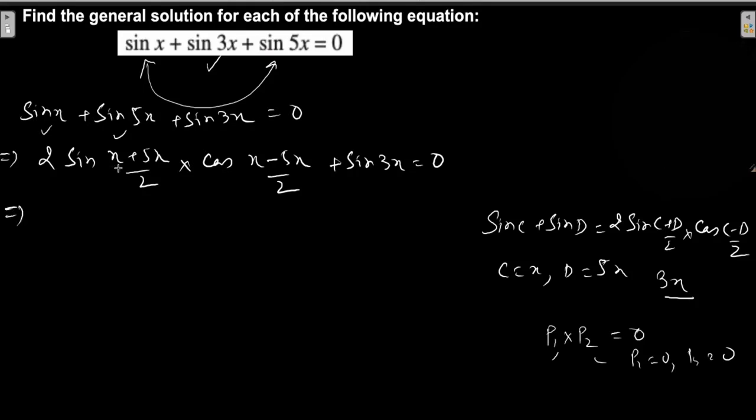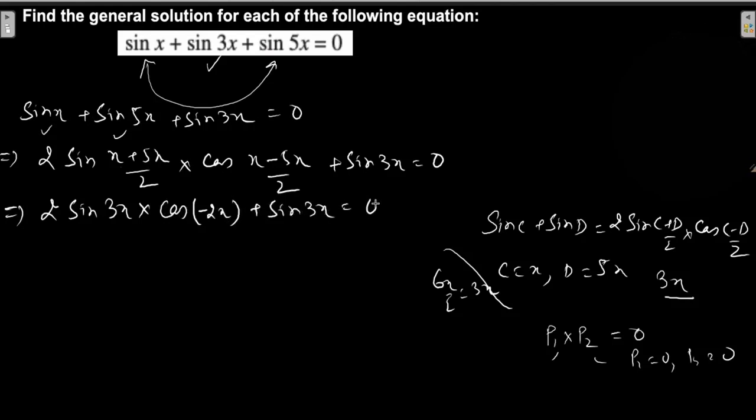Now simplify this: x plus 5x by 2, this will become 6x by 2, and that will become 3x, right? So now my 2 sin of 3x into x minus 5x will become minus 4x, and minus 4x by 2 will be minus 2x. So 2 sin 3x cos of minus 2x plus sin 3x equals 0.